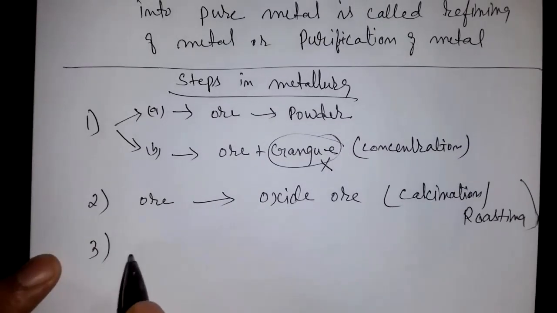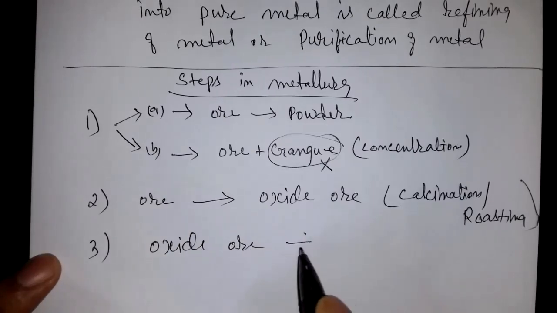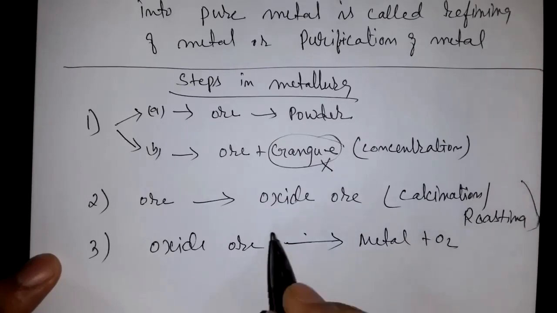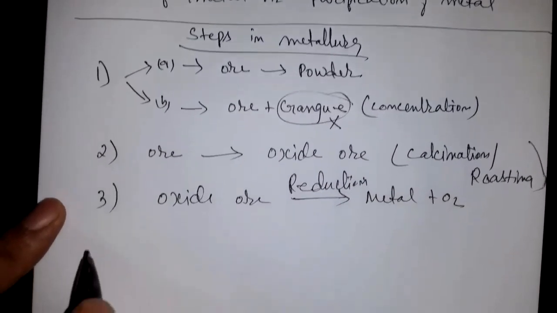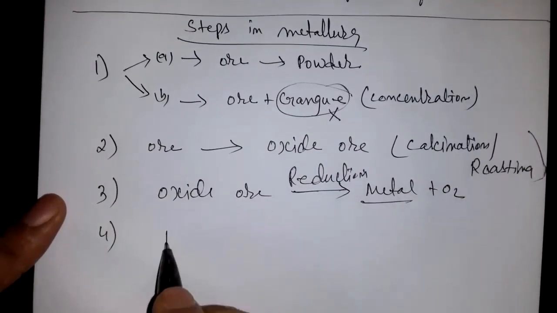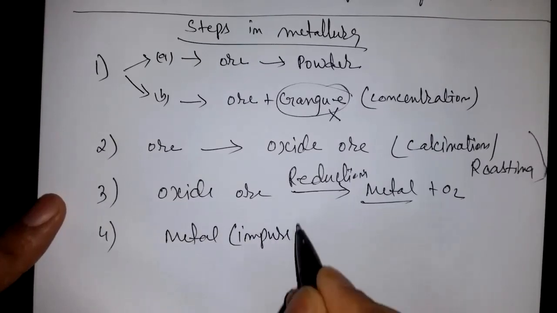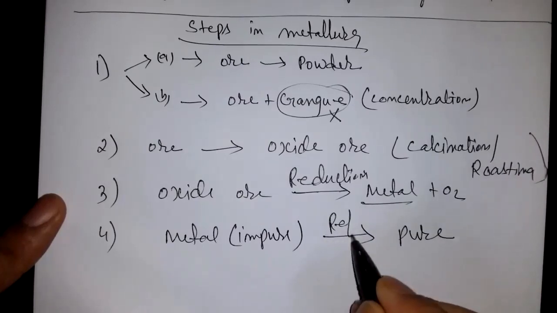Step 3 is reduction. Reduction means you have oxide ore, and you do some process so that you get the metal and oxygen is removed. And in step 4, the metal which we got will be impure, and you have to convert this metal into pure. This is called refining.